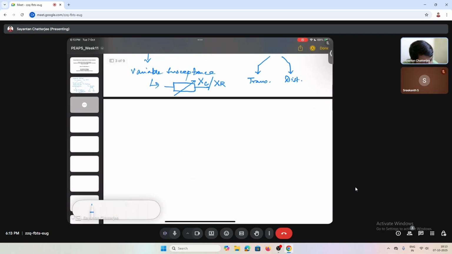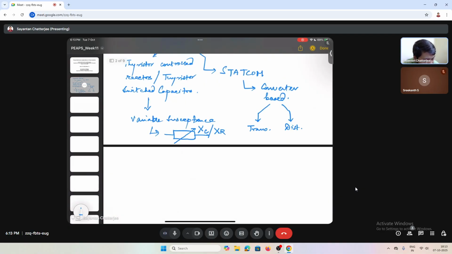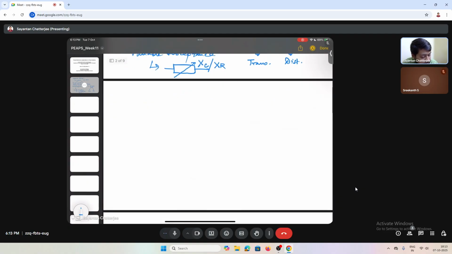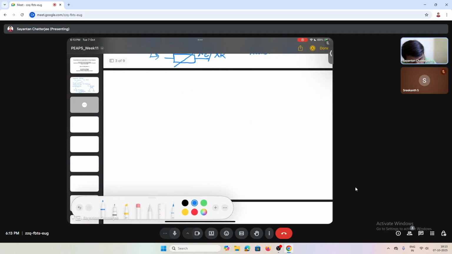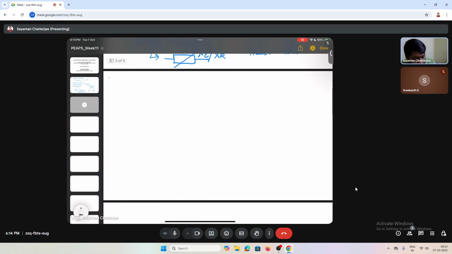The main aim of these converter based devices is that by changing the firing angles, we can vary the reactive power. Ultimately we will have to maintain the voltage, so to maintain the voltage, reactive power control needs to be done, and accordingly we can see to it. Starting on with the questions.